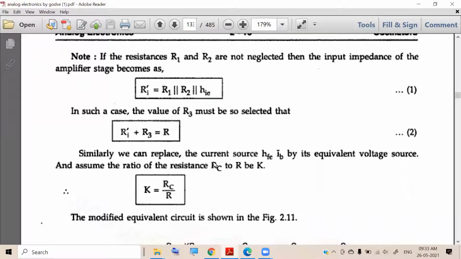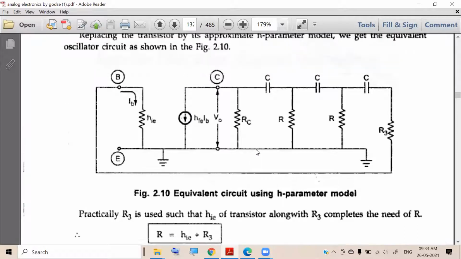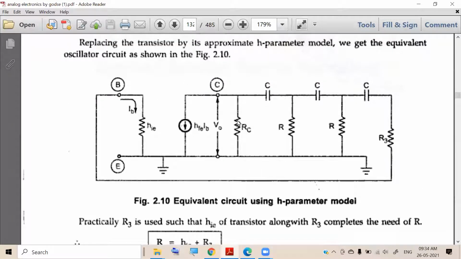So we are simply taking the ratio of RC by R as K. What is RC? RC is the load resistance of the amplifier block alone. This circuit we already discussed in the previous class.